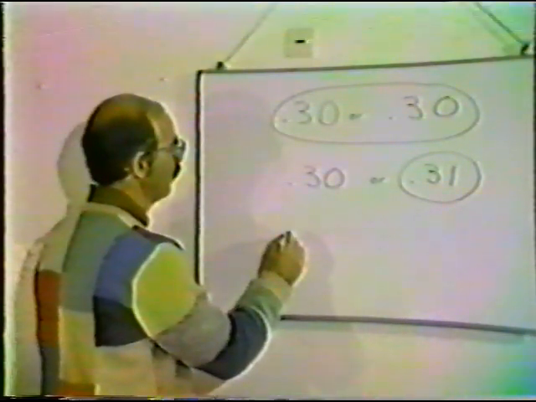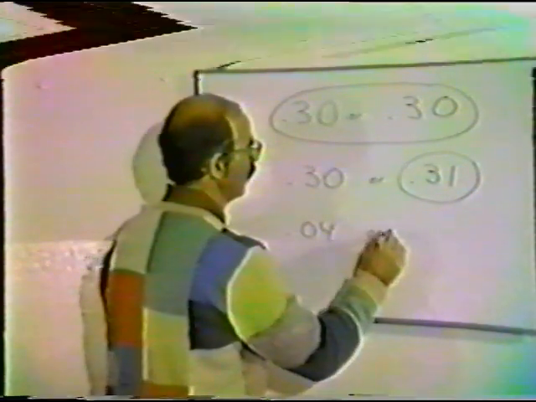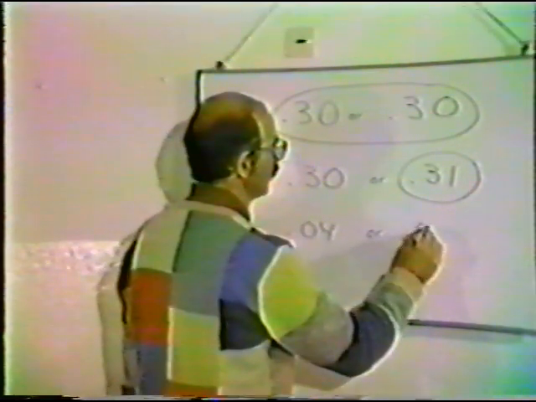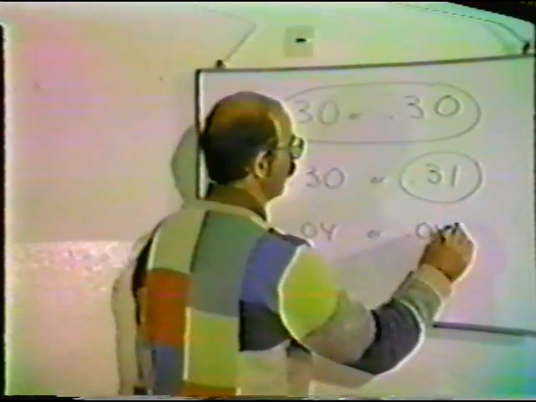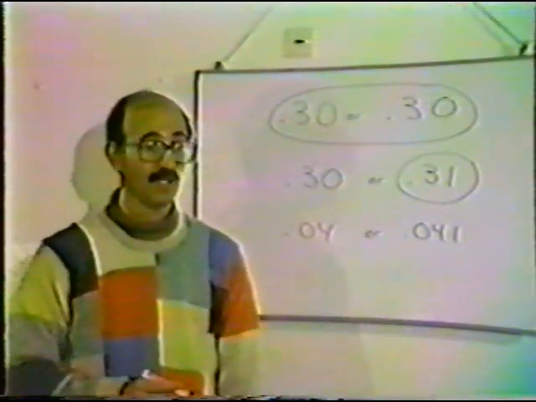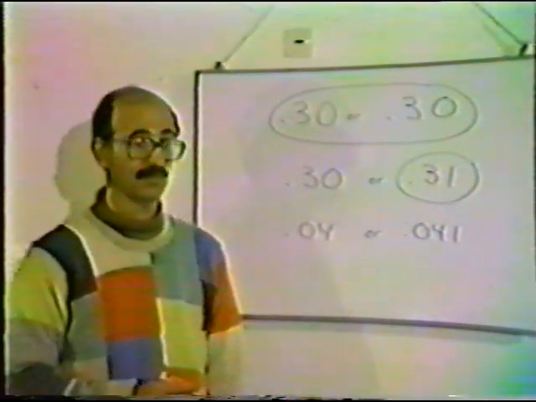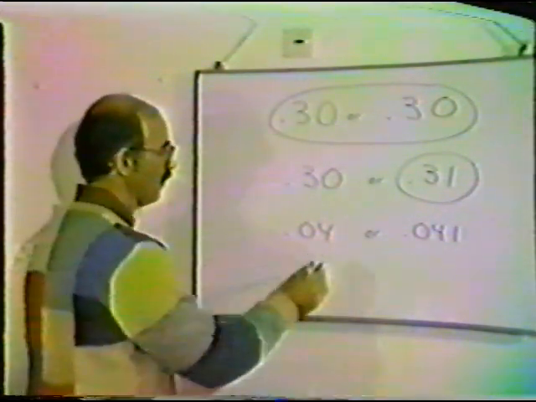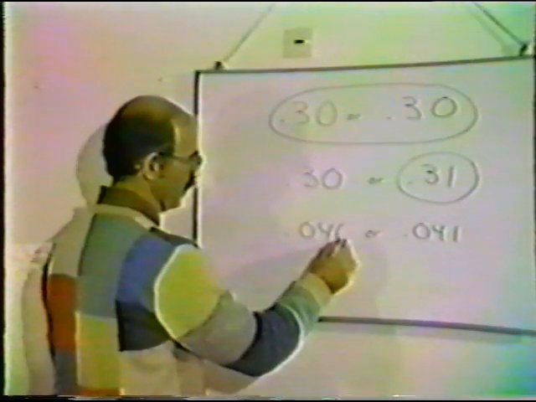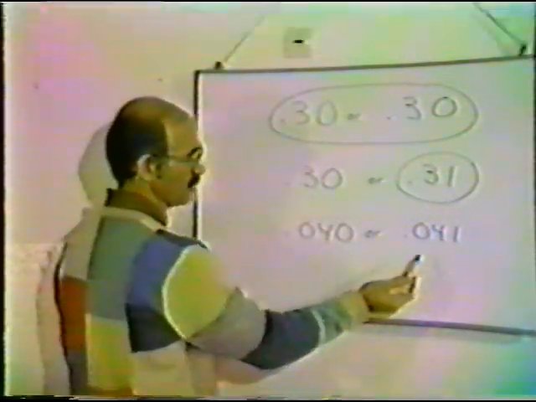How about 0.04 or 0.041? Is there any place that I should add a 0 to help me? Yes. What should I put it after? The 4. Yes, right here. Now we can see that this one is bigger.